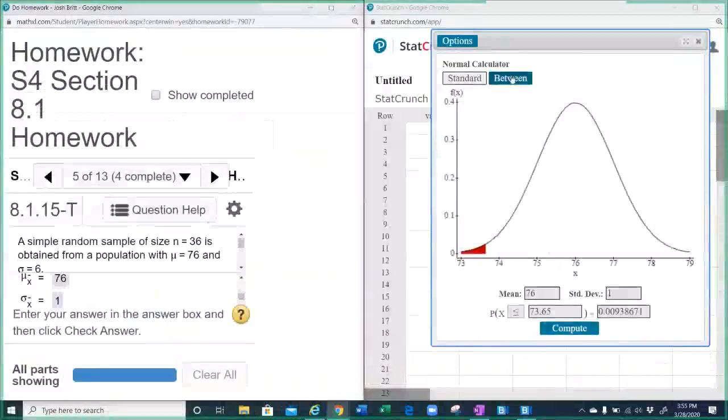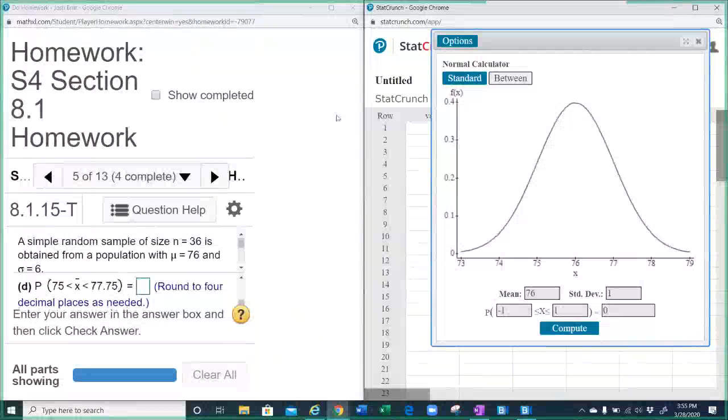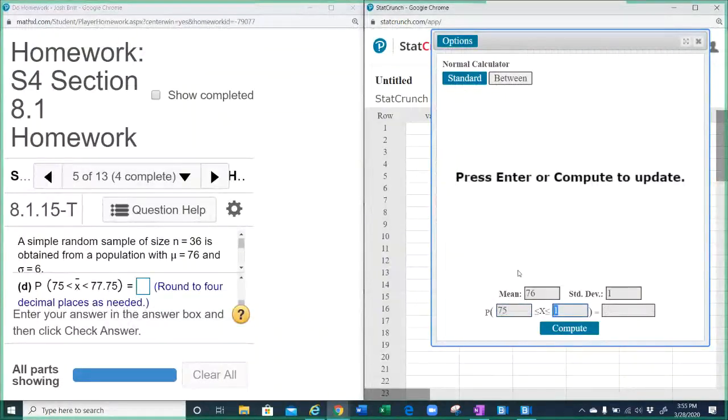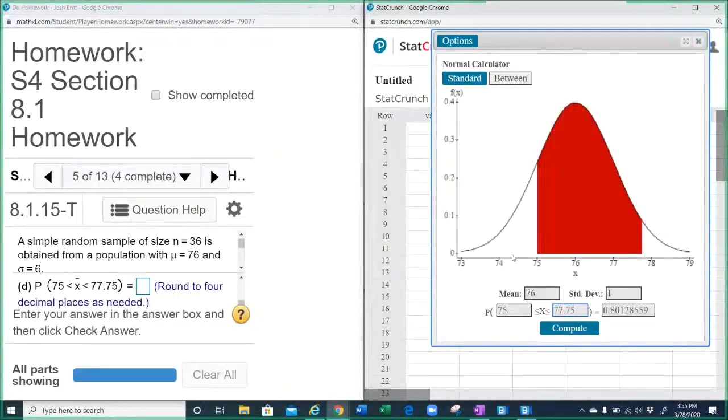So when we do between, we're going to do here, between 75 and 77.75. And we get 0.8013.